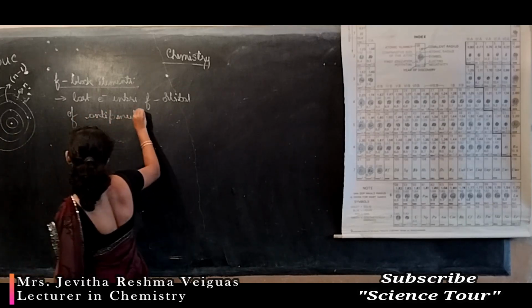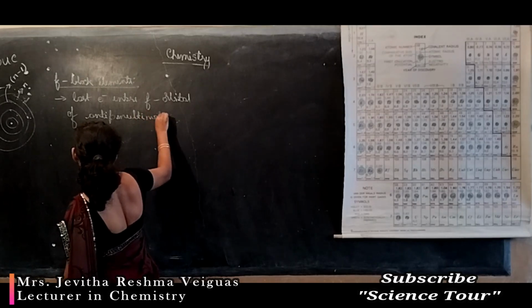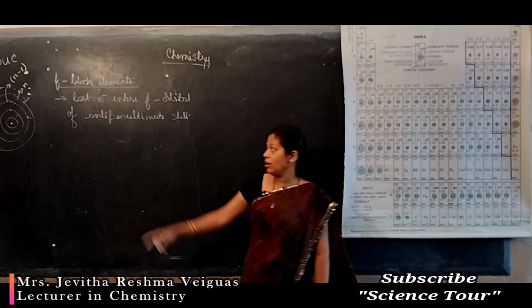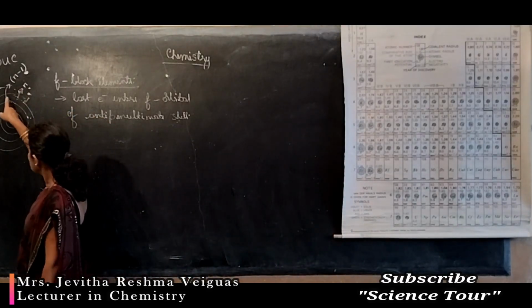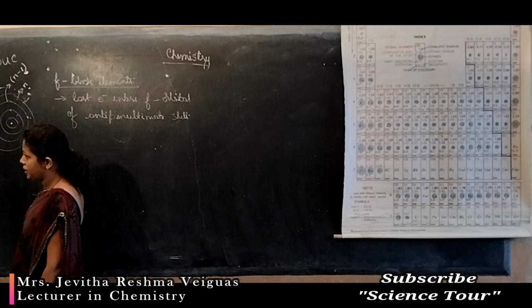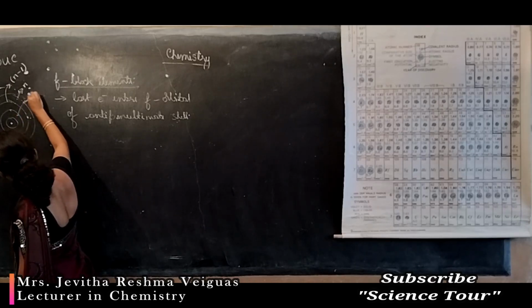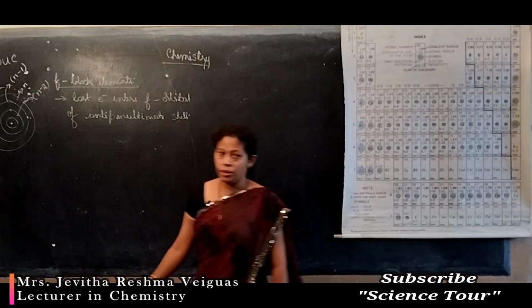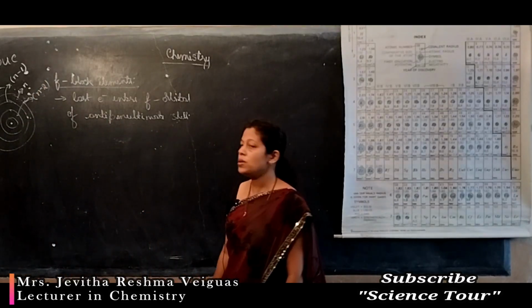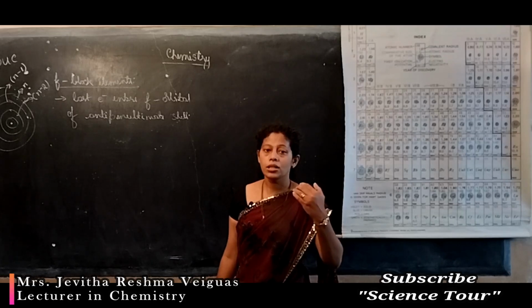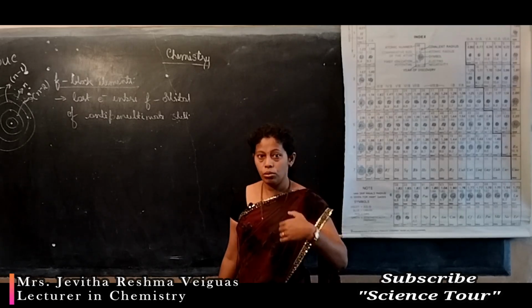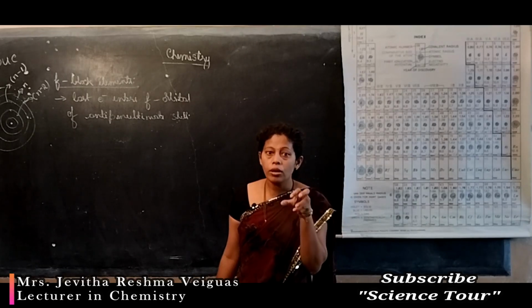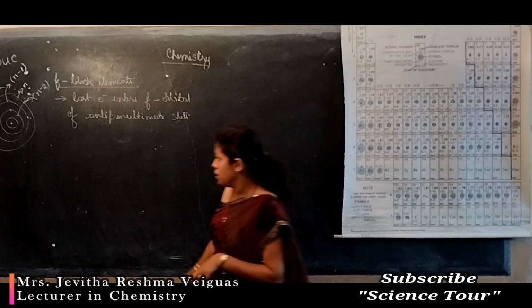What is meant by antipenultimate shell now? Students, we know valence shell means the last shell, the nth shell. One shell inner to it is penultimate, n minus 1. One more shell inner to it is the n minus 2 shell, which is the antipenultimate shell. Here electrons enter the last but 2 shell, the antipenultimate shell, where the electron goes and occupies the F orbital.